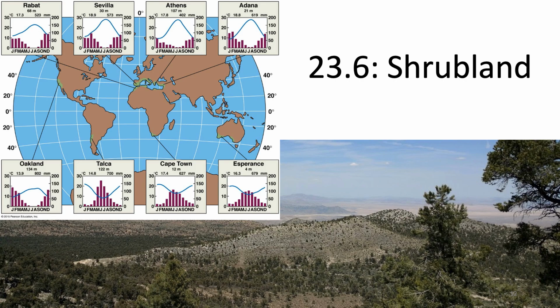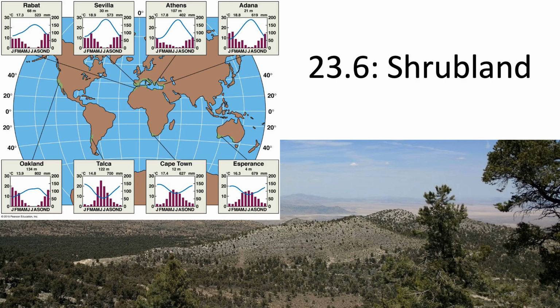What is a shrub? Let's define it. A shrub is a plant with multiple woody persistent stems but no central trunk and a height of about 4 to 8 meters. So manzanita is a perfect example of a shrub. It has multiple woody persistent stems, but it all branches out from there, and it's kind of a short little shrub.